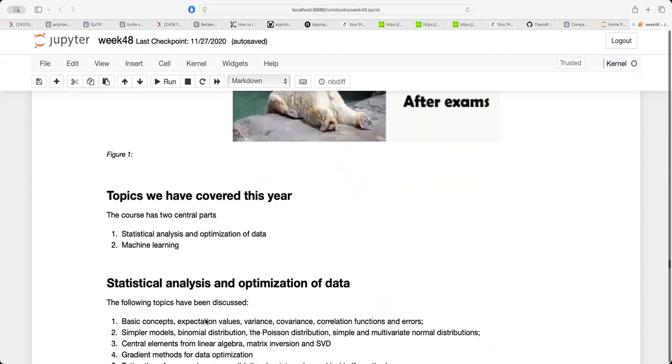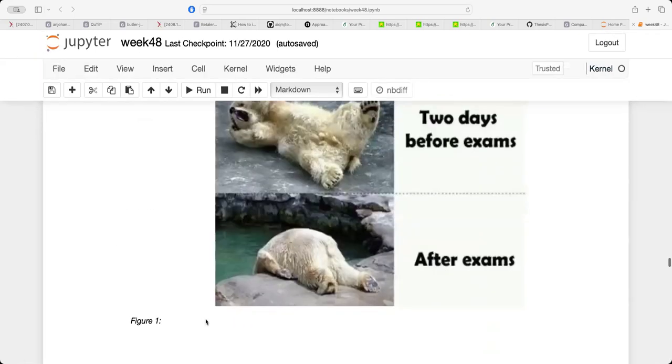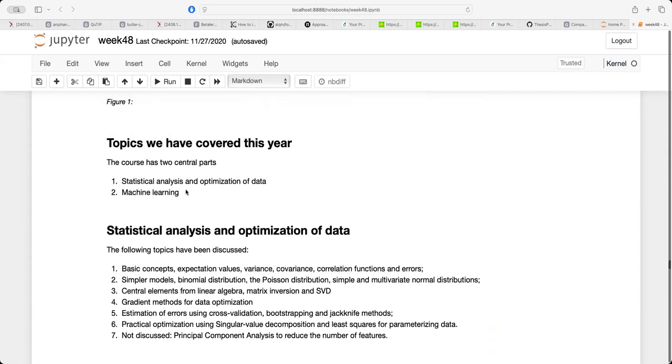Okay, so the topics we have looked at, let me just increase the fonts a little bit. So we have looked at some statistical analysis with resampling methods, and also a little bit on how we can link a statistical analysis with what we get.